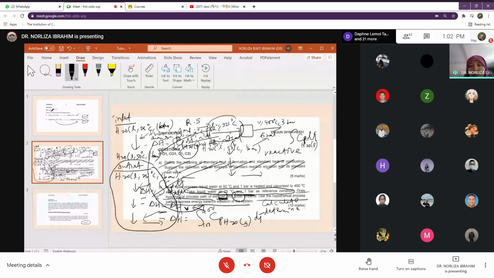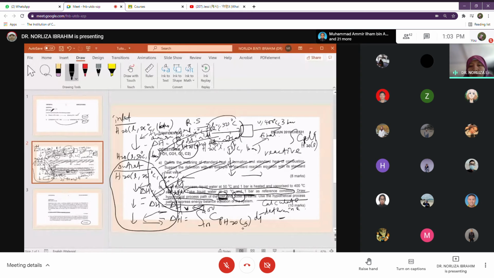Okay, so the last step, pressure change. First point, you say pressure change from 1 bar to 3 bar. And then what is the enthalpy? V dP. Just like that. For this 10 marks, I think that is it.